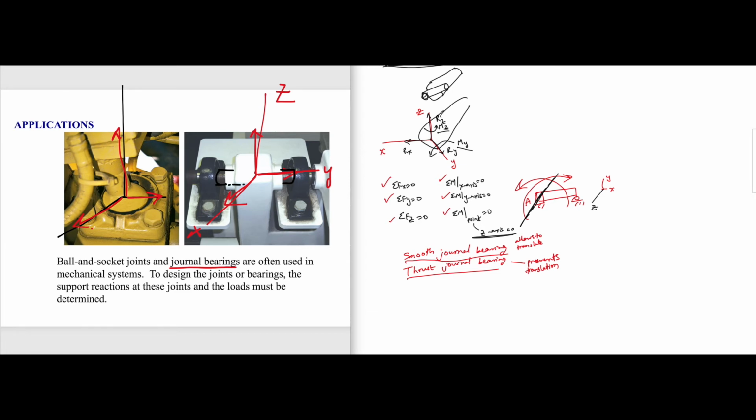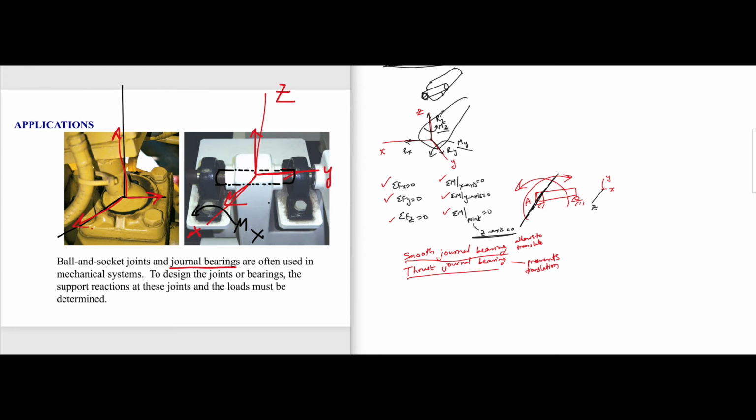Now, is the shaft free to rotate with respect to x? That means, can it rotate like that? No, it is not. That means we have a moment reaction with respect to x-axis. We have to say Mx because it is not free to rotate.